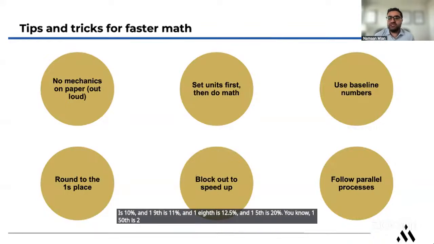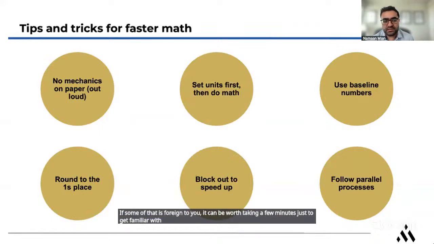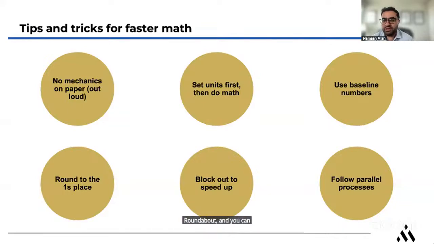Knowing some of those baseline numbers will help you do the math faster and help you feel less lost in this process. So if some of that is foreign to you, it can be worth taking a few minutes to get familiar with those baselines so that when you run into 1/7, you know it's 14% roundabout, and you can move on with the math that you want to do.